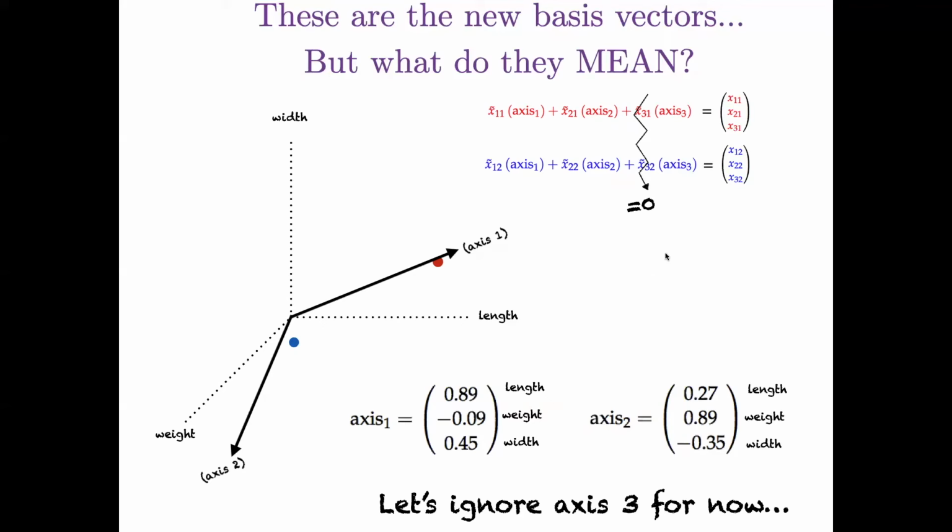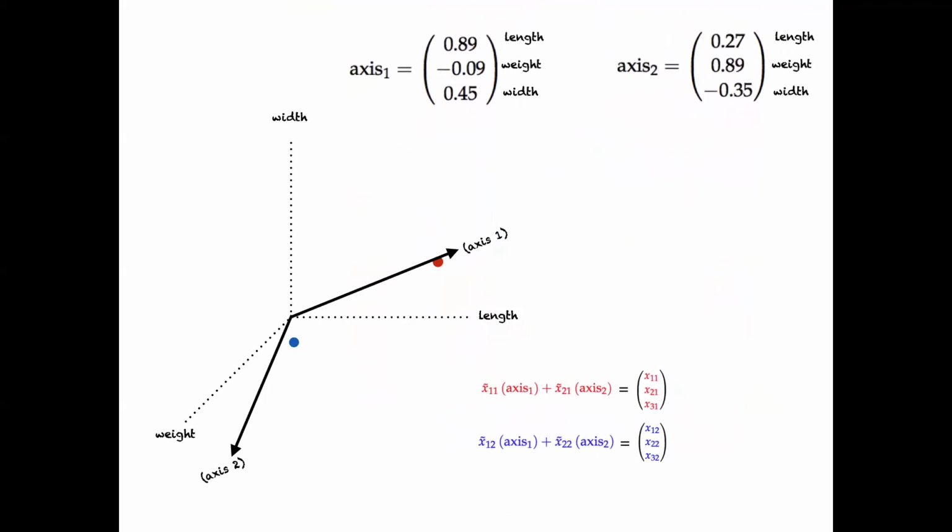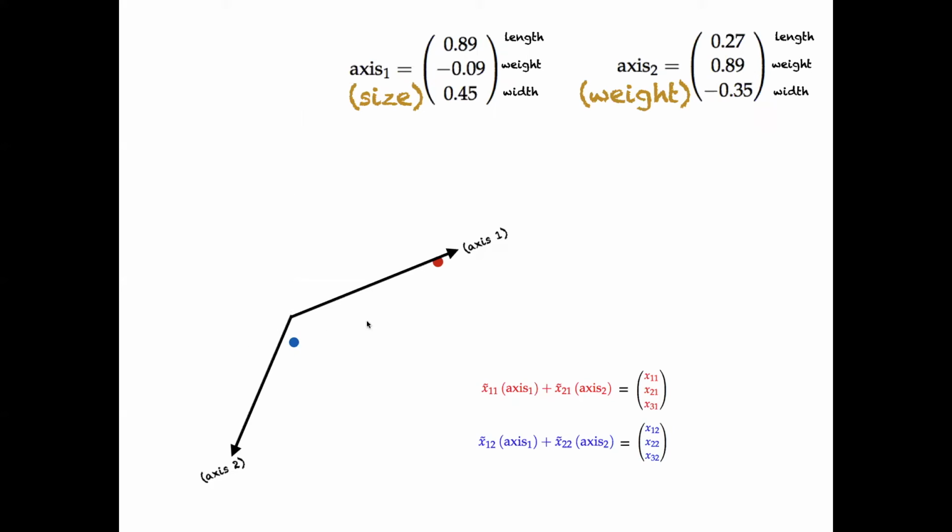And bringing this top expression down into focus now, and removing those last 3 coordinates, I have some coordinates along axis 1, which represents size, some coordinates along axis 2, which represents weight. And I'm going to delete the old axes from my picture. And now I have this picture.